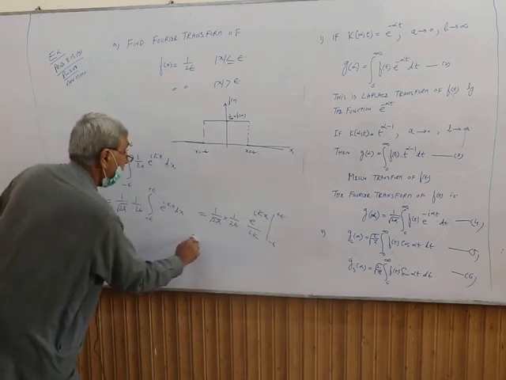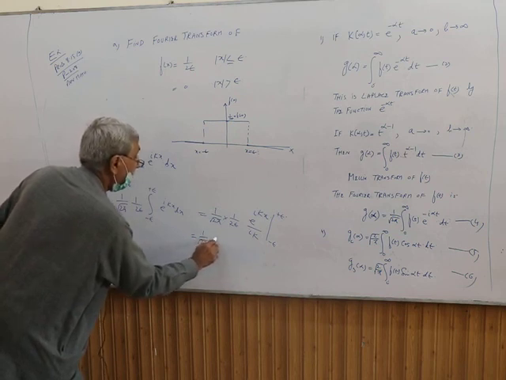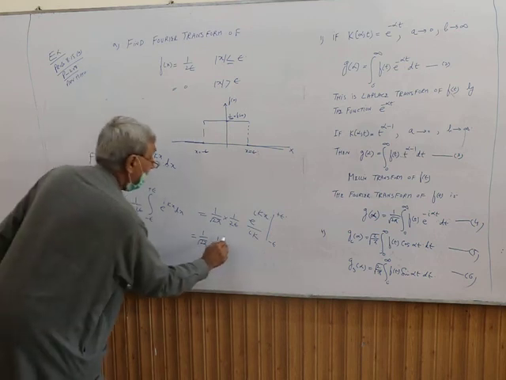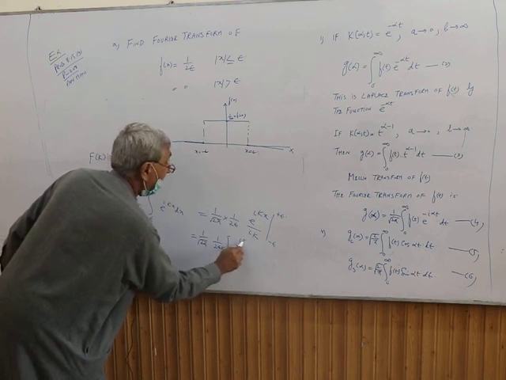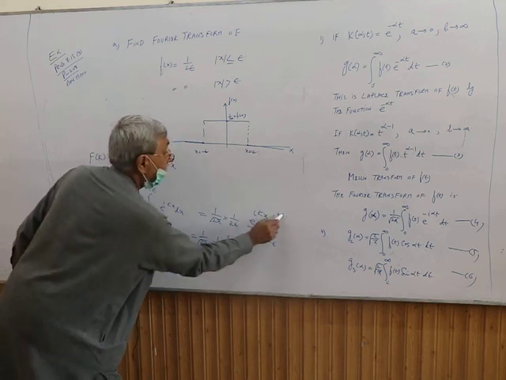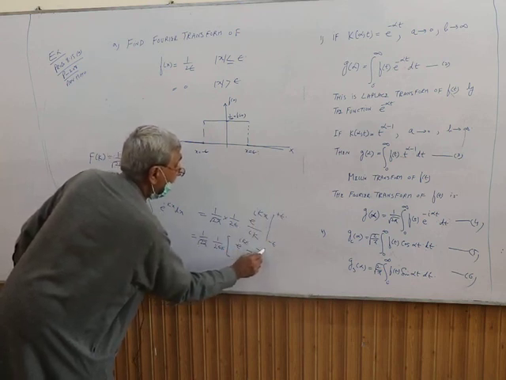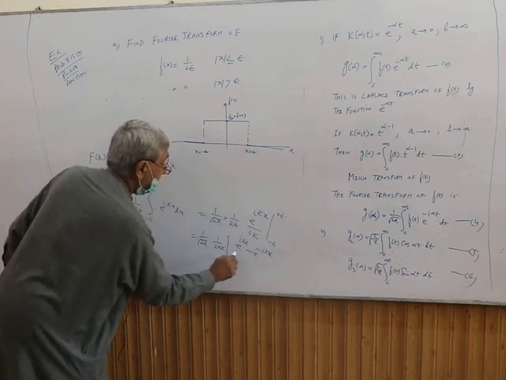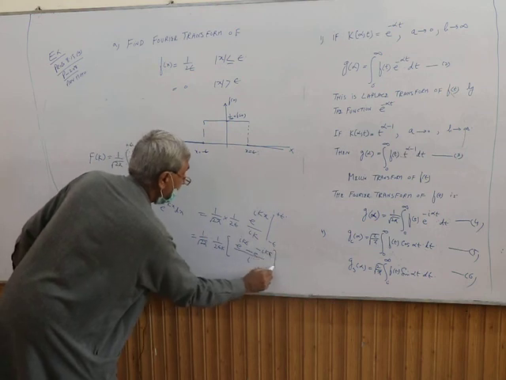This is further equal to 1 over the square root of 2 pi into 1 over 2 epsilon k, and inside it will be e raised to ik epsilon, you put this limit, minus e raised to minus ik epsilon, you put this limit, divided by i, which is already there.